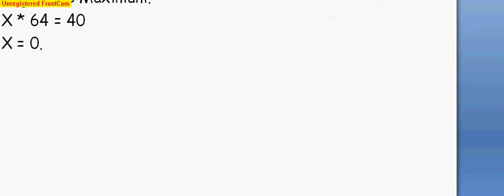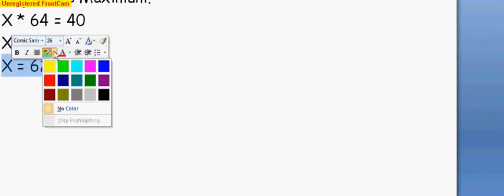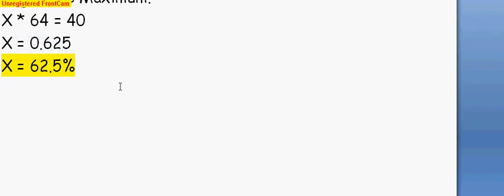Okay, 0.625, which means x, they're asking what percent, so we have to write a percent. So this means 62.5%, and that is the answer. Okay, so that was number 5, letter A.